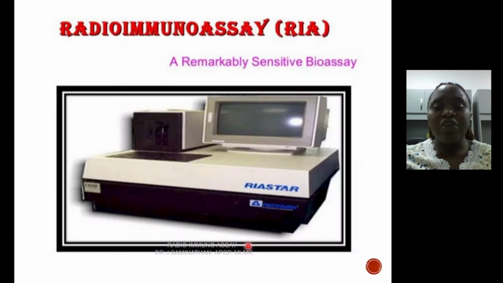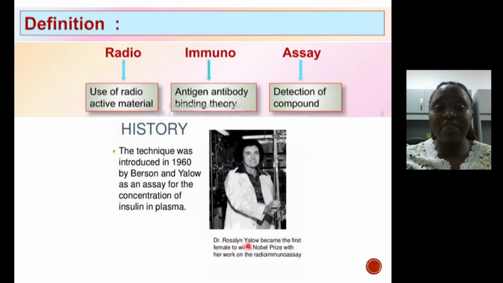Now radioimmunoassay is remarkably sensitive, and it uses a radioactive material. That's why the name radio, and then immuno because of the antigen-antibody binding theory, and then assay because of the detection of compounds. This technique was first introduced in the 1960s by Berson and Yalow, where they were trying to determine the concentration of insulin in plasma.